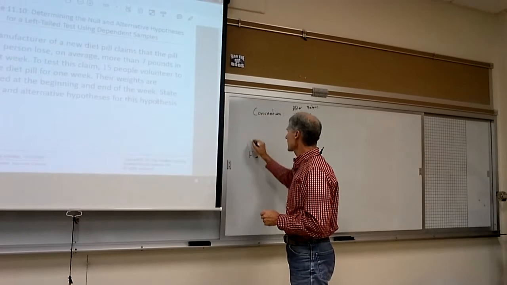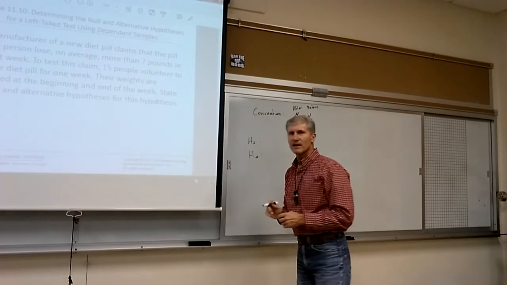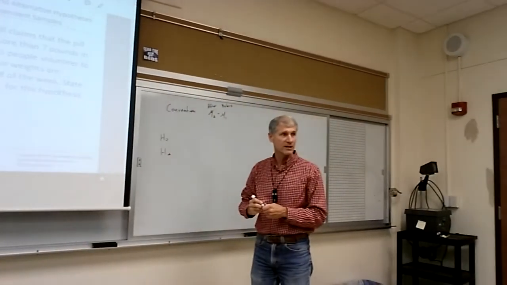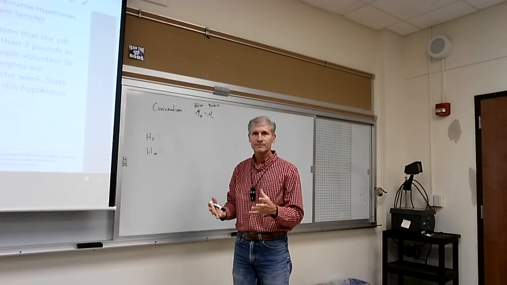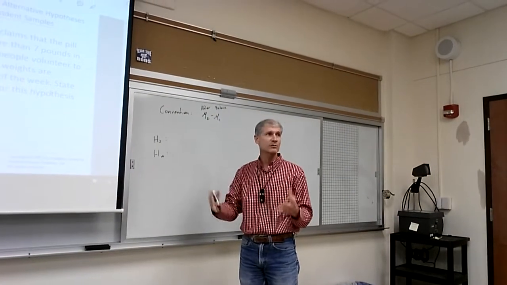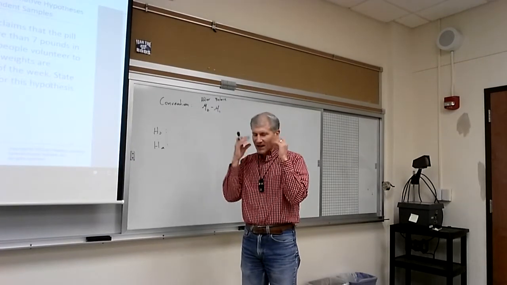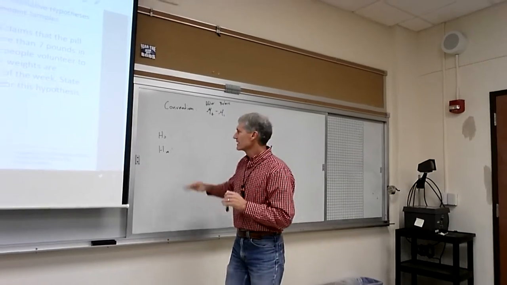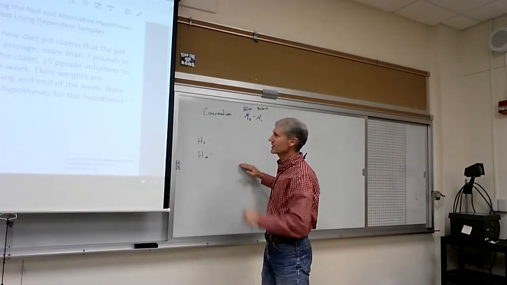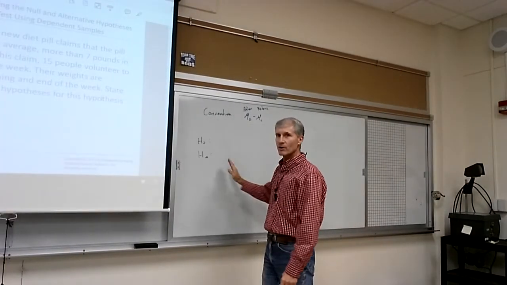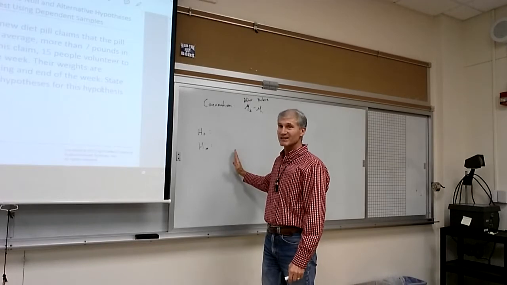Is that statement a null or alternative? It's an alternative because it says more. It does not have an equal sign in it. So more than 7. What I always do in my own mind is start writing as I'm reading: more than 7, oh, greater than 7. But wait, does that work here?